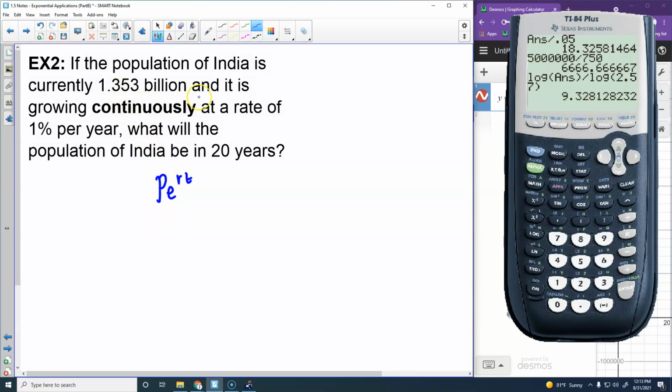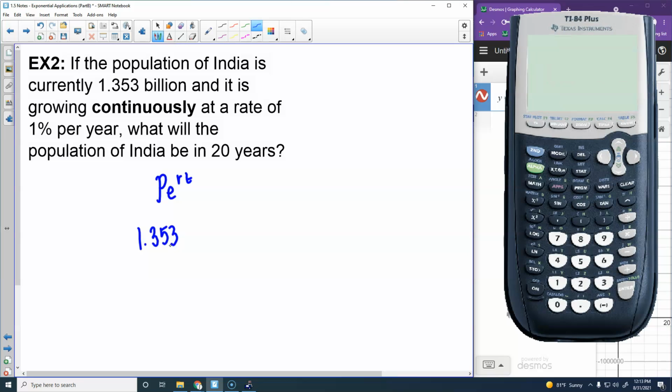And in this case, you've got a couple options on how you do that principle. I do not want to have to put all the zeros for billions and type it all in, so I'm going to leave it 1.353. But I need to remember that my answer is in billions of people, right? So when I give my answer, I'm going to write that down.